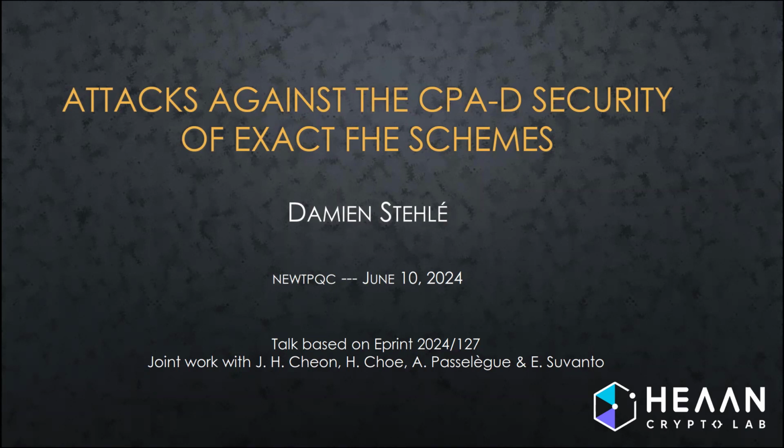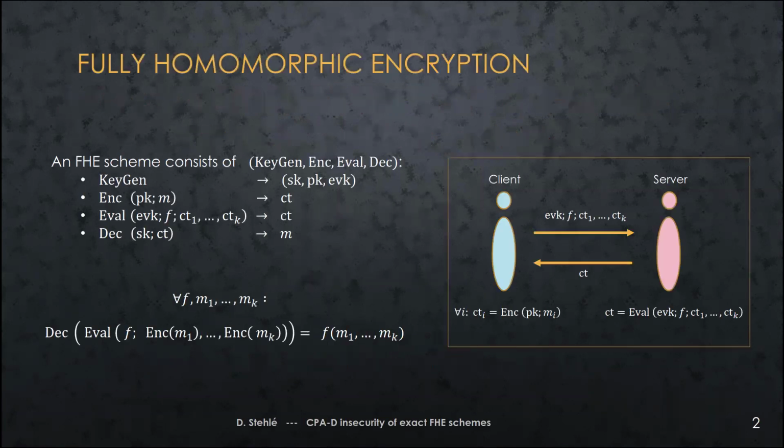So it's about some security notions of fully homomorphic encryption. Okay, so just a few words about fully homomorphic encryption. An FHE scheme is a bunch of algorithms, KeyGen, Enc, Eval, and Dec, which works as a public key encryption algorithm, except for the Eval function.